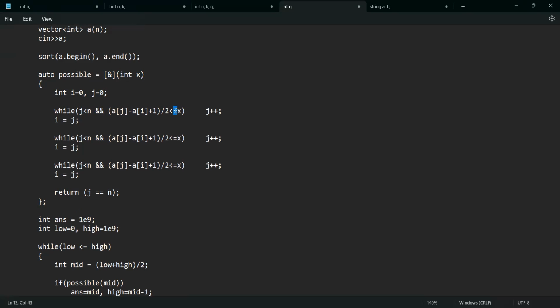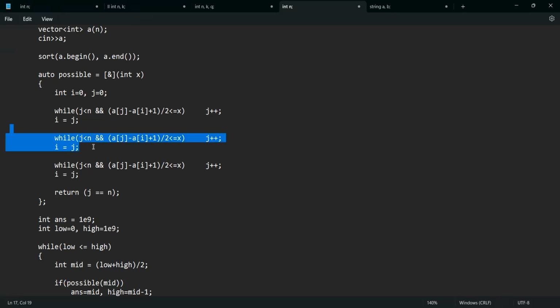If so, I can take the next element, I can try to take the next element also while j is less than n. Once this condition turns out to be false, I can no longer give the current element to the first person.